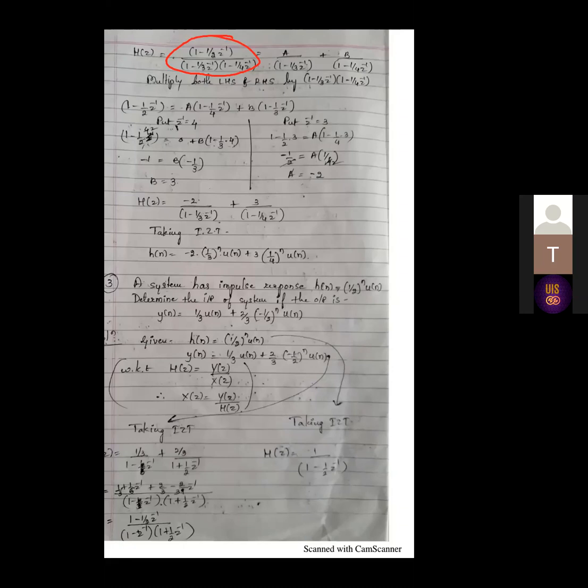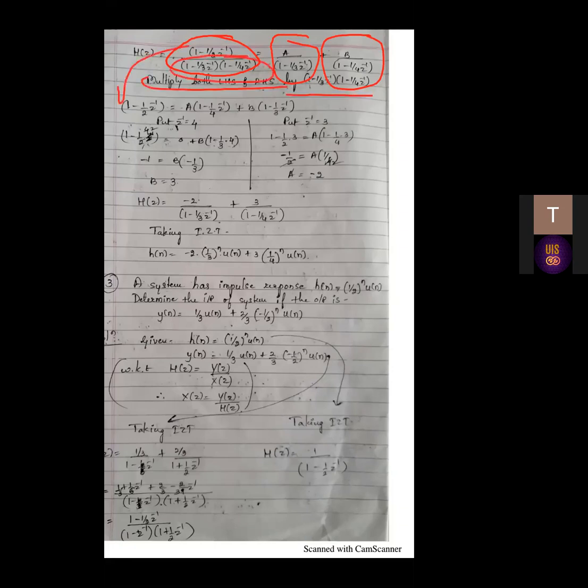So just take A divided by one bracket plus B by the other bracket. Then follow the partial fraction simplification procedure. Multiply both sides by the denominator so that the LHS has only the numerator part. Then A into one bracket plus B into the other bracket. Then for simplification, make any one value 0. At first, I'm putting z inverse as 4 so that A will go 0.